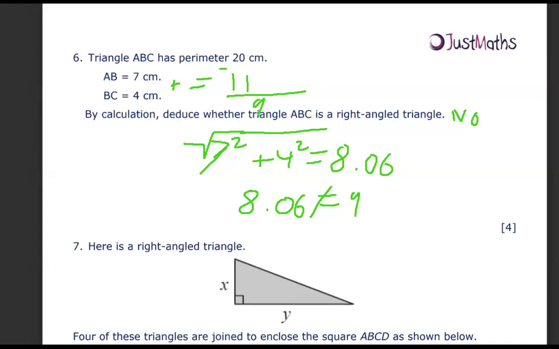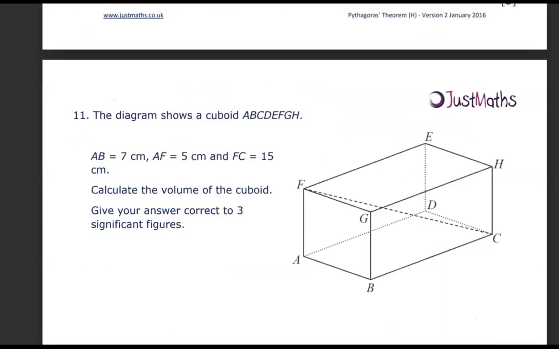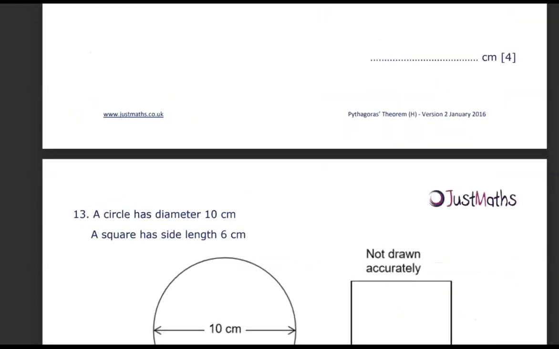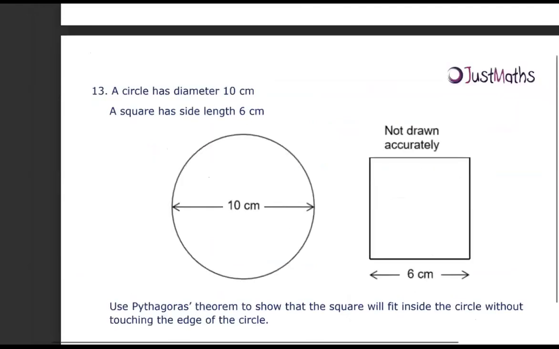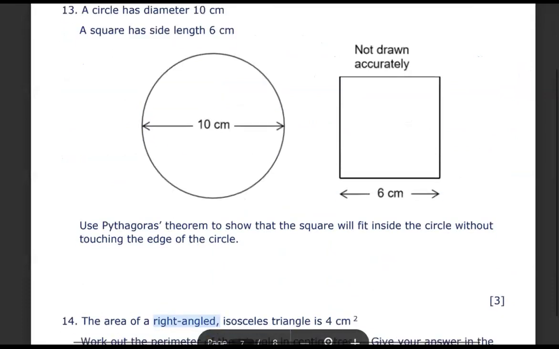So now, a combination of the questions you had with me yesterday and the ones from today's work. For example, this question said the diameter is 10, and you want to know whether the square will fit into the circle.